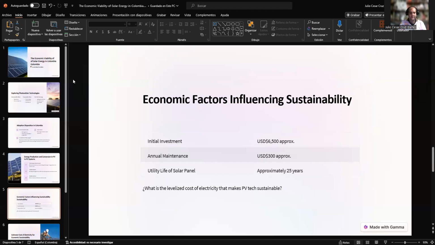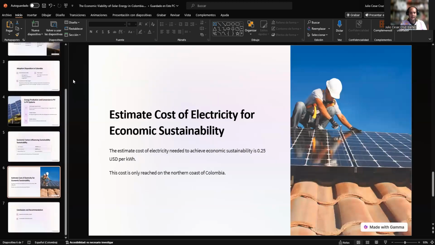So what is the levelized cost of electricity that makes PV tech sustainable? I have found that the cost of electricity we need to make it sustainable is 25 cents per kilowatt hour.